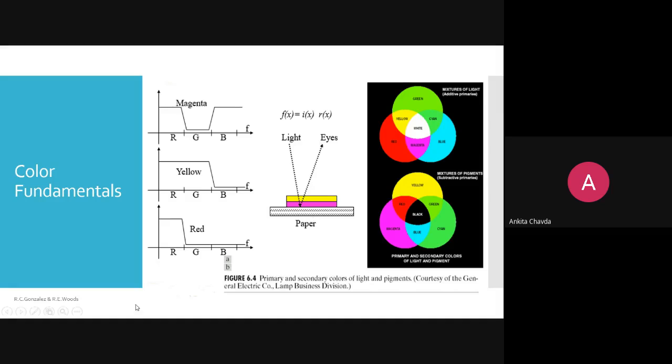So if there would be a white color, you can see that it is a white color. No color will be there. So this is the primary and secondary colors of light and pigments.